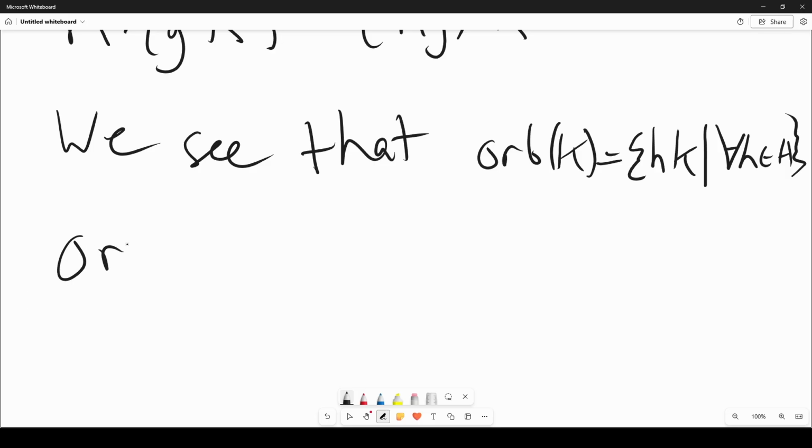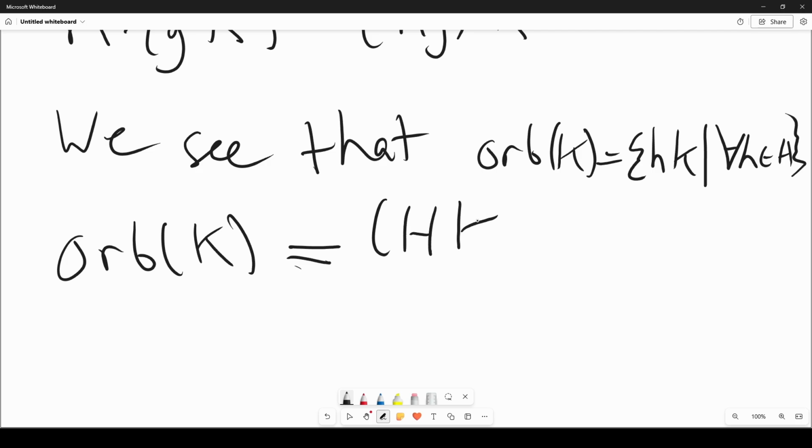But we can rewrite this as the left cosets of our subgroup HK. Because all these elements are h times k, and if I take a coset of that, the left coset, well, that's just going to be hk, little k times the big subgroup K, which is just going to be little h times the big subgroup K.